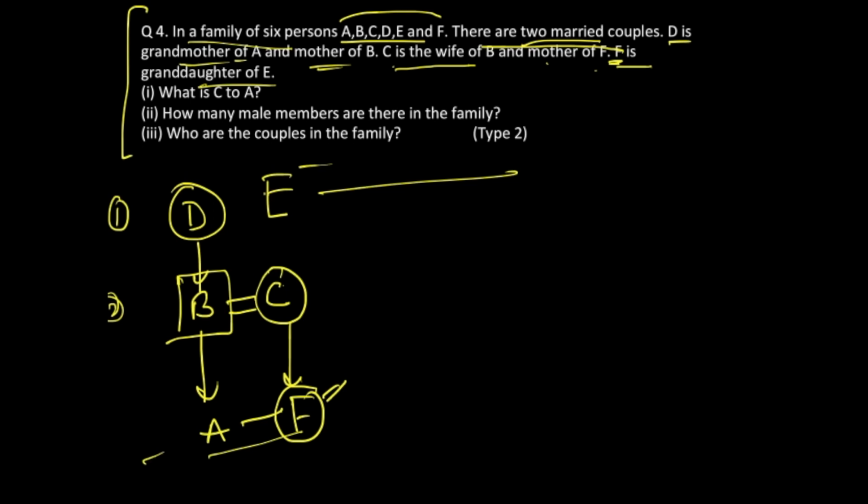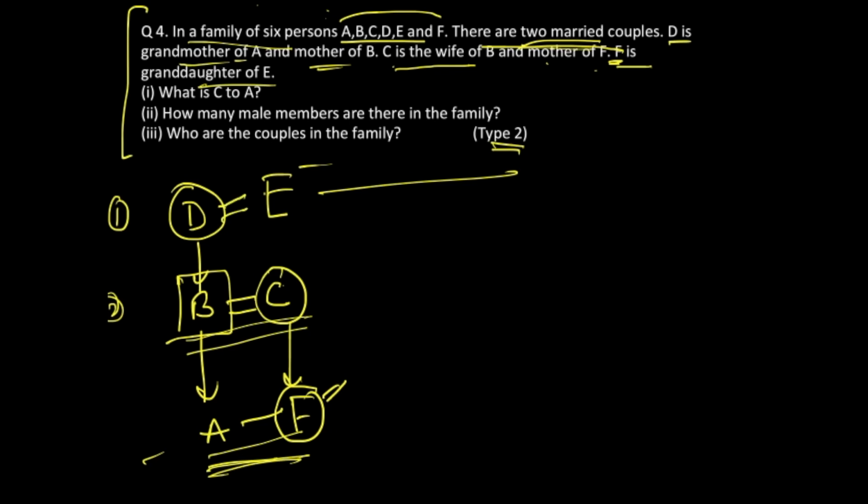Since we know that the family is talking about 6 persons, and it is said that there are 2 married couples, so type 2, that is the assumption, would come handy in this particular question. So since there are 2 married couples, we know that out of 6 people, these 2 are siblings A and F, B and C are one of the couples, so D and E have to be one particular couple, right?